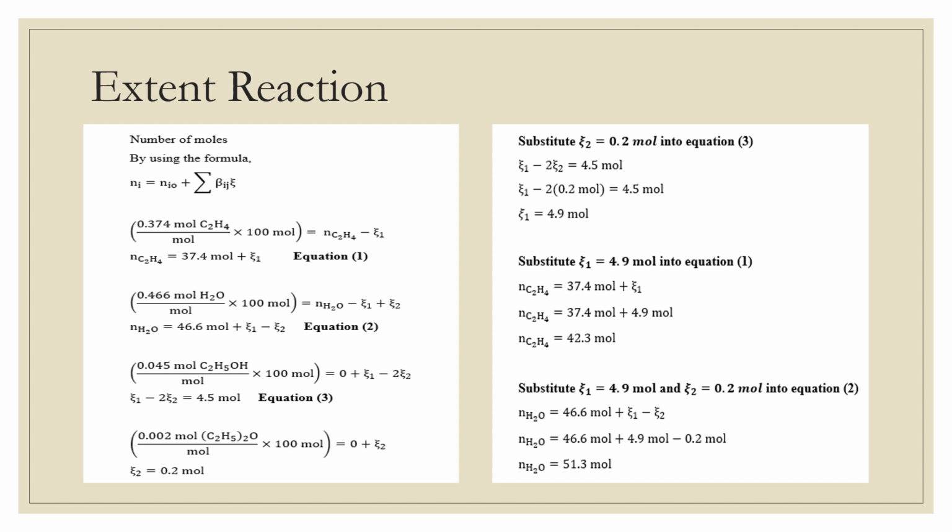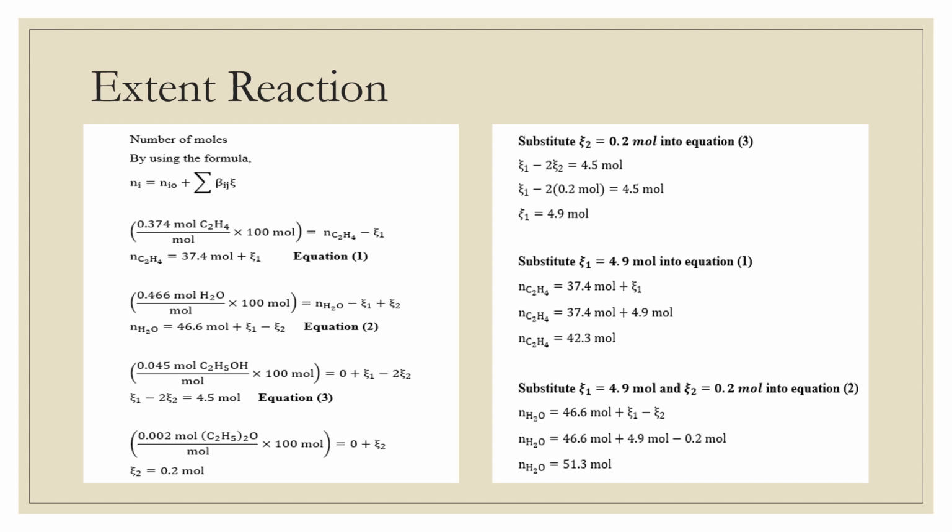Plus Z2, because H2O in the second chemical reaction is on the product side. So we simplify and get equation 2 for NH2O.